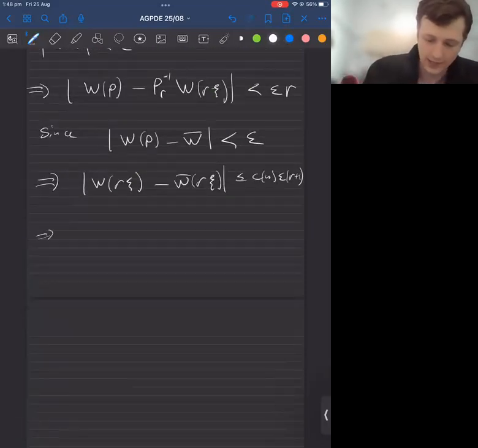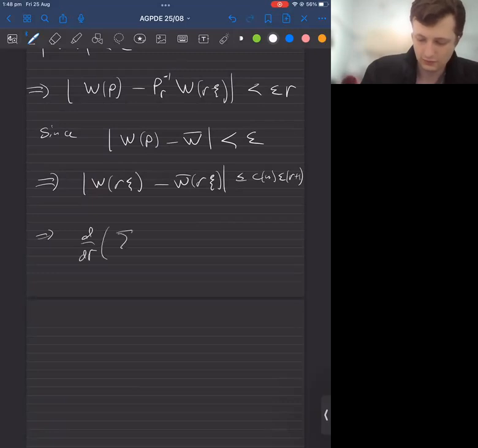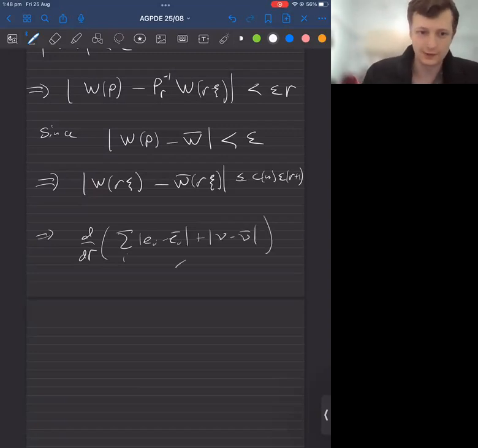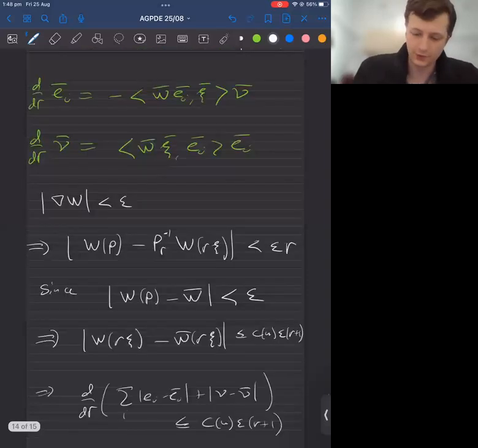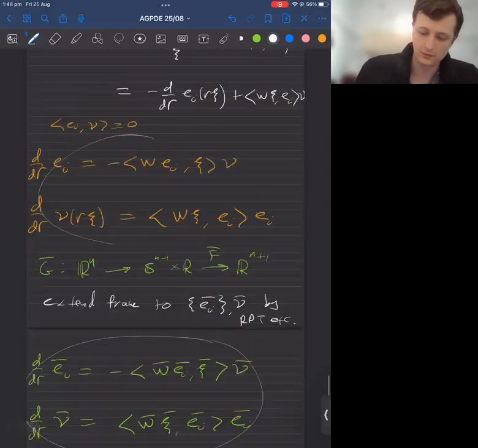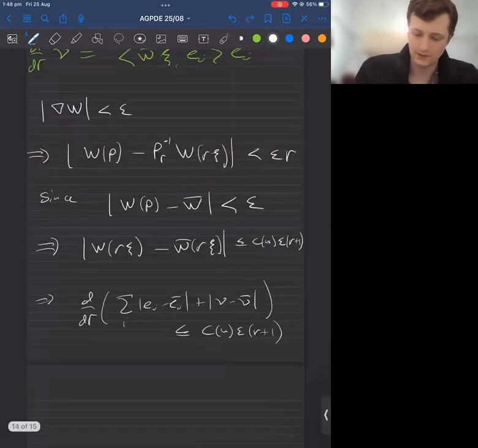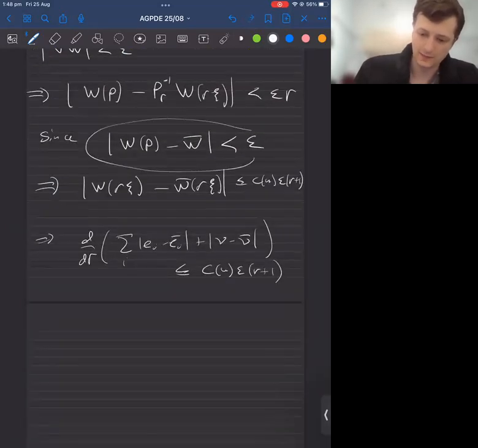So what you get is a bound for the derivative. For this derivative, this is less than some constant. That's just from computing with these ODEs and using this.